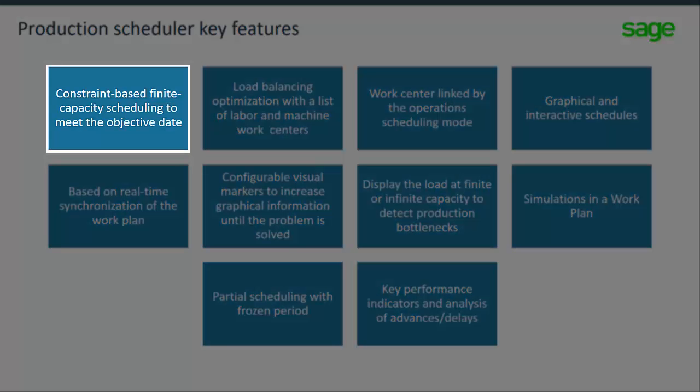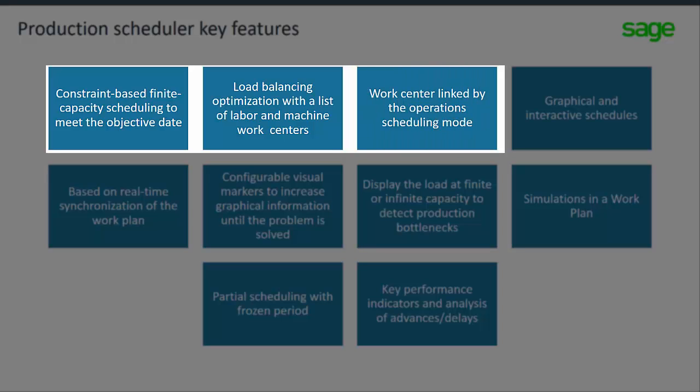The production scheduler allows a user to manage capacity planning of the labor and machine work centers. The scheduling will be the result of automatic optimization based on an algorithm and of manual actions which take into account exceptional events such as breakdowns and emergencies.